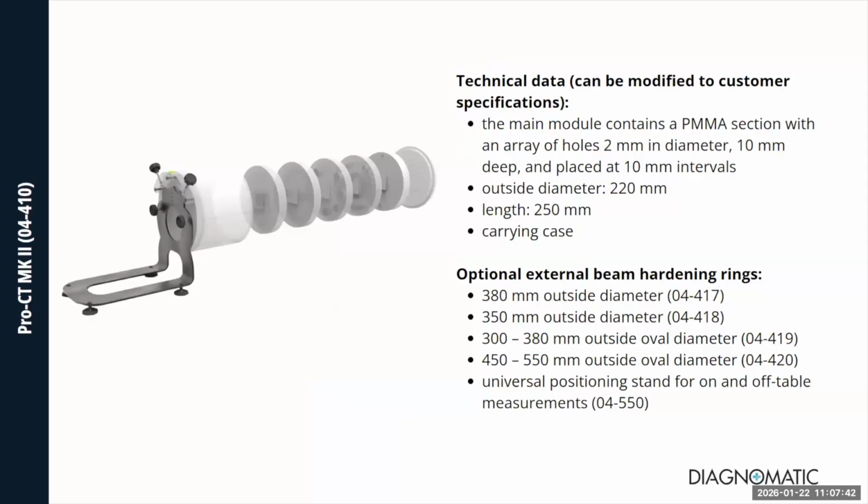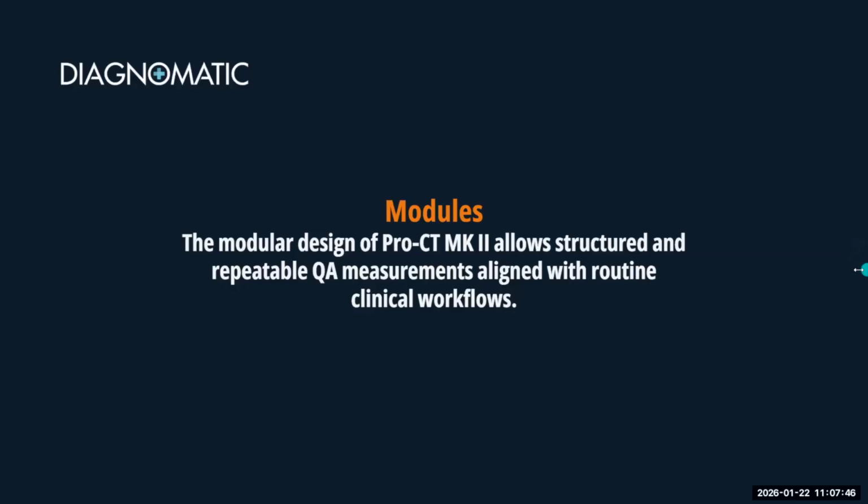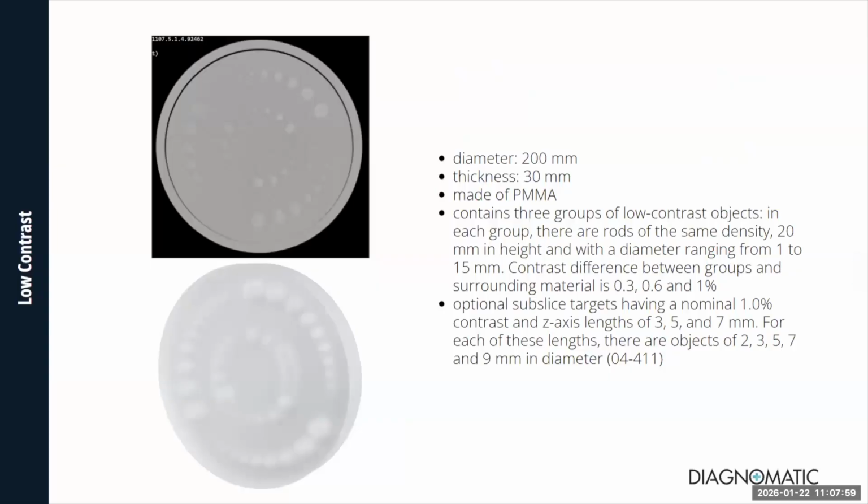Technical data you can probably check at the website. It's not so important, but the important thing is that the model design allows structured and repeatable QA measurements aligned with the routine clinical workflows.